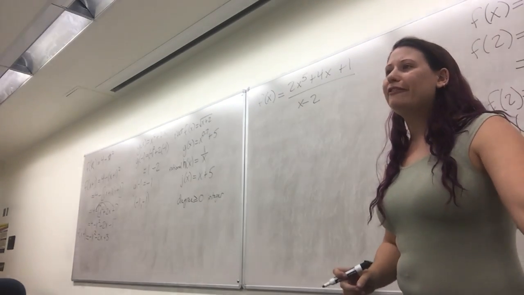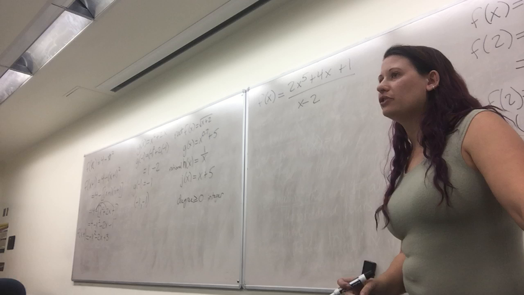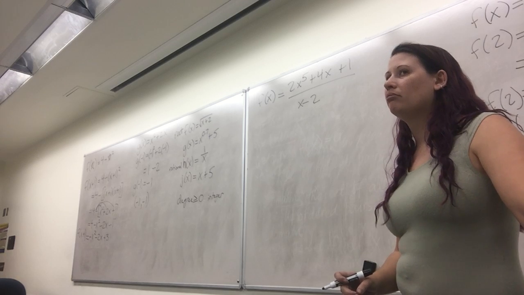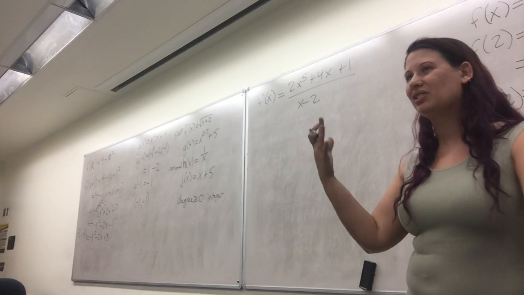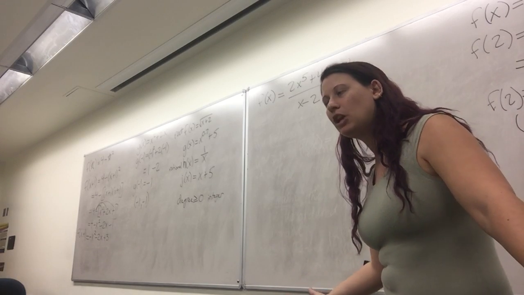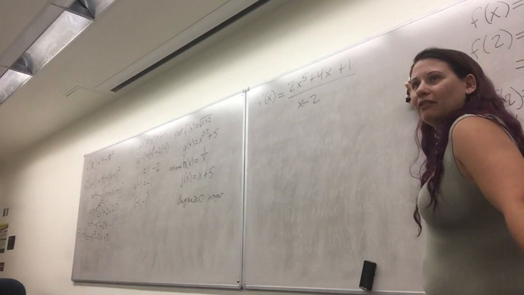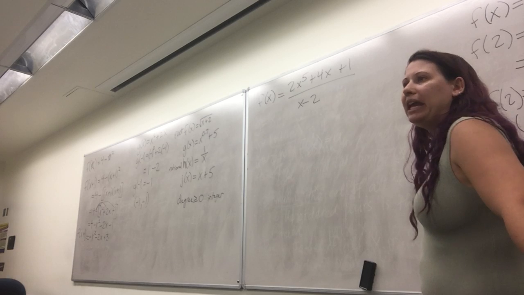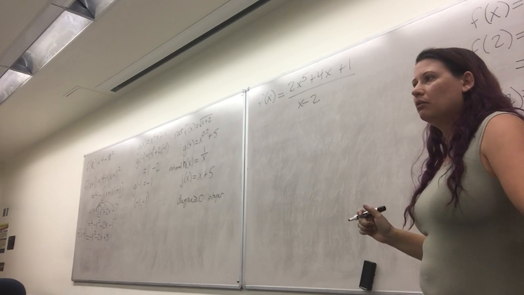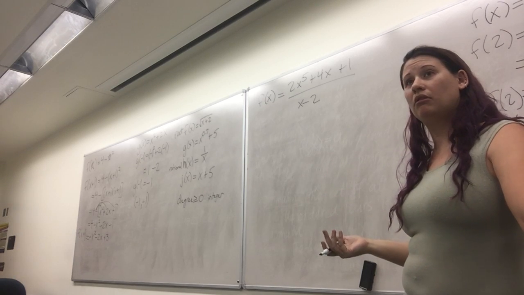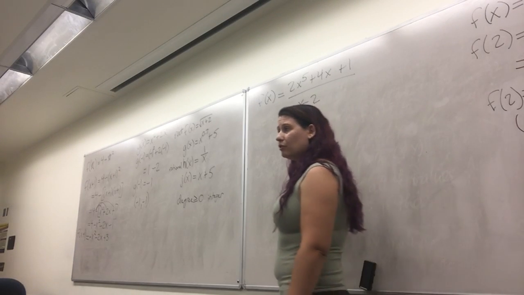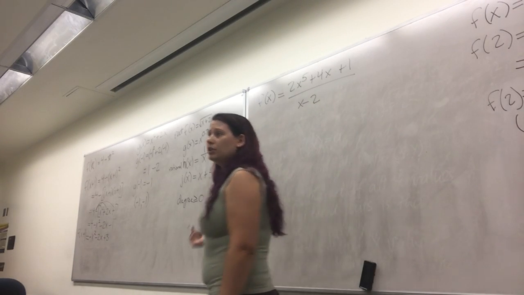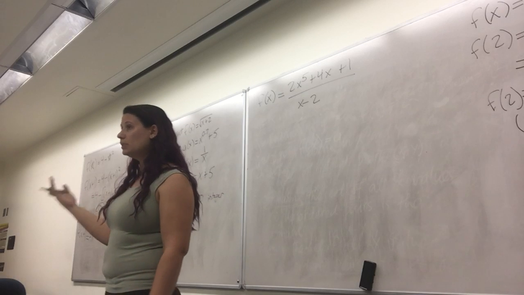So, we want to find the domain of this function. It's much easier to talk about what's bad than what's good. What would be bad to plug in for x, for the domain of this function? Why? Because it would be 0 on the bottom. So anytime you have a rational function, you want to figure out what would make the bottom 0.